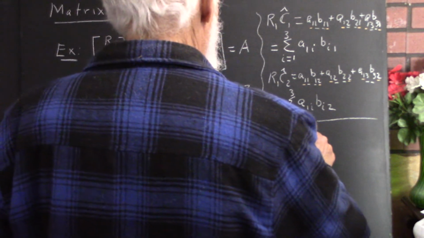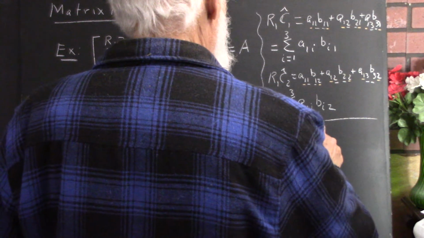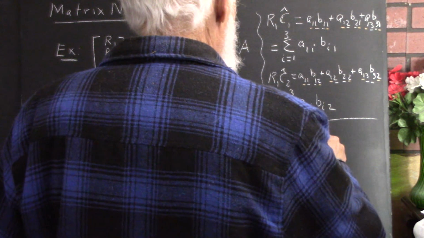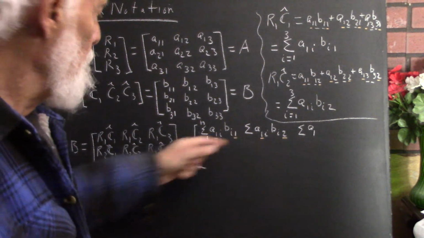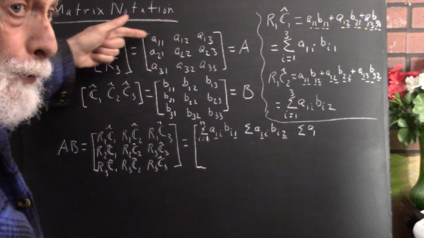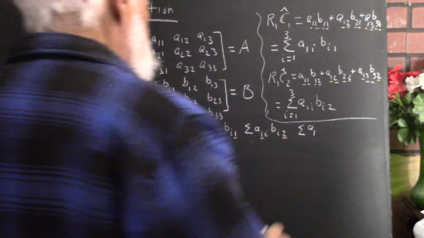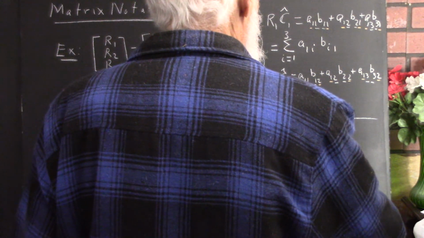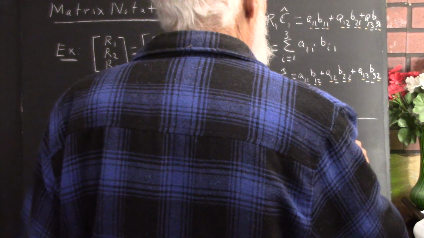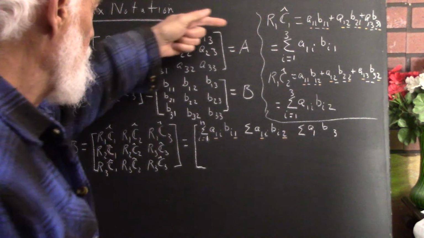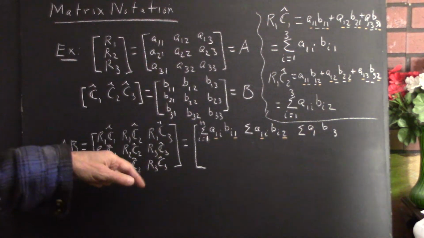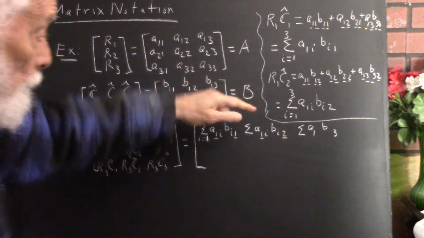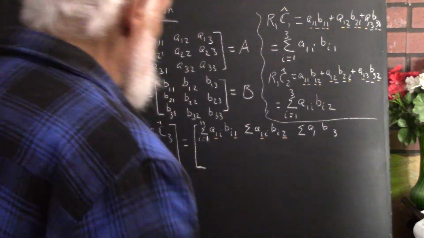Well, then our third number in the column, if we accept the pattern that we see, we're going to have an A1 because we're using the first row. We're going to have a B with second subscript 3 because we're now multiplying the first row by the third column, to get the number in the first row, third column.